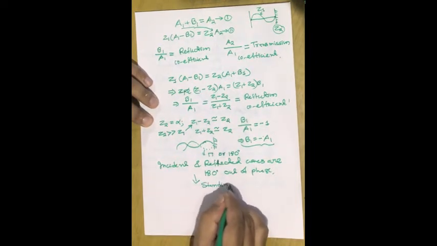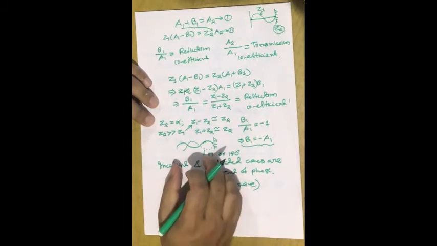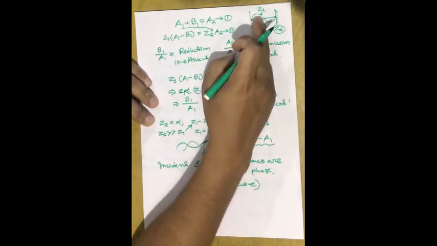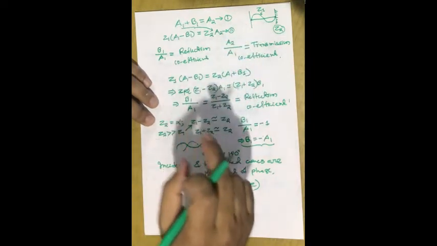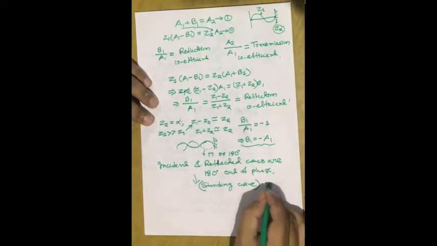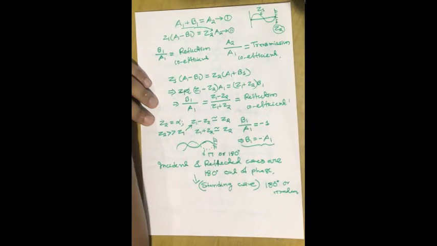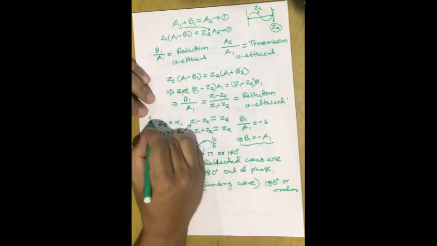We are going to study the standing wave in this course. So standing waves are obtained when the incident and the reflected wave superimpose with the phase difference between the reflected and incident wave being 180 degrees or pi radian. In such cases, we are going to get the standing wave. And this is our case 1.